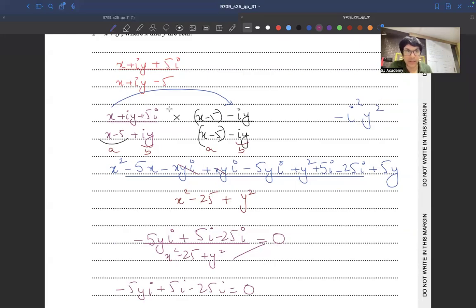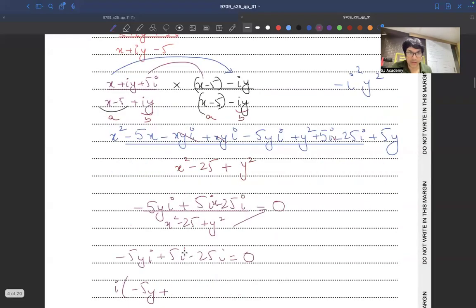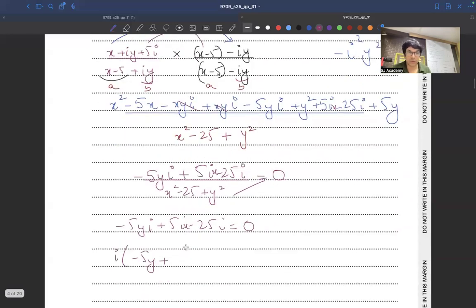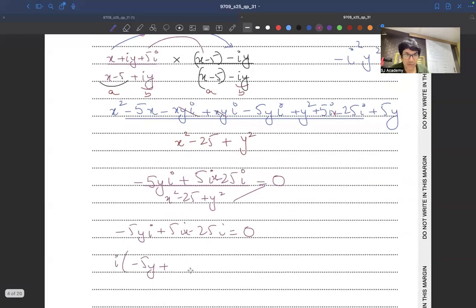Where did we make a mistake? Let's quickly check it out. When we multiply by 5i, this should have been 5ix over here. So this will become plus 5x minus 25 equals 0.